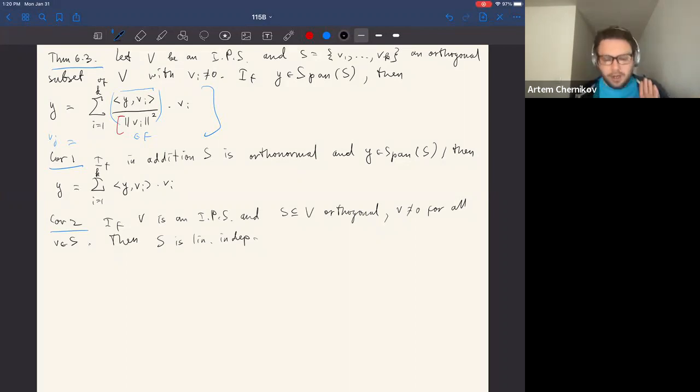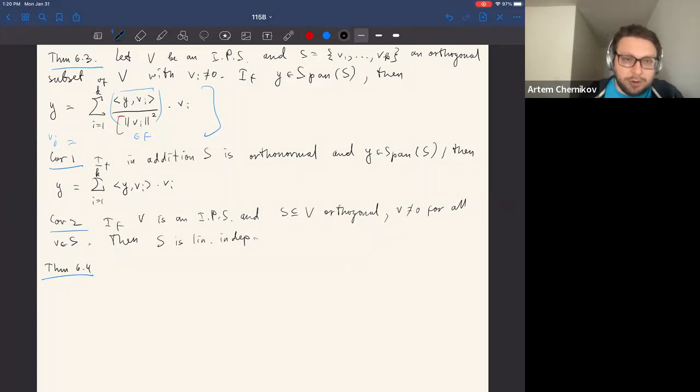All right. So hopefully, these observations tell us that orthonormal bases would be useful, right? Because they're easier to work with than just arbitrary bases, because we have these extra formulas. So the next point is that we actually should be able to find them. And this is theorem 6.4 from 115A.